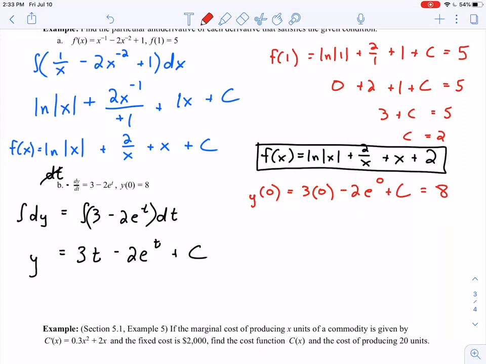So I'm going to solve this equation for c. I have 0 minus 2 times 1 plus c is equal to 8. So this is negative 2 plus c equals 8. c must be 10.